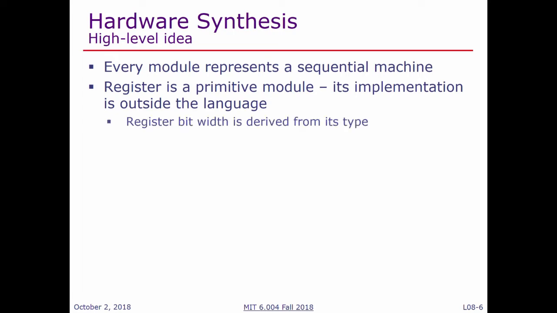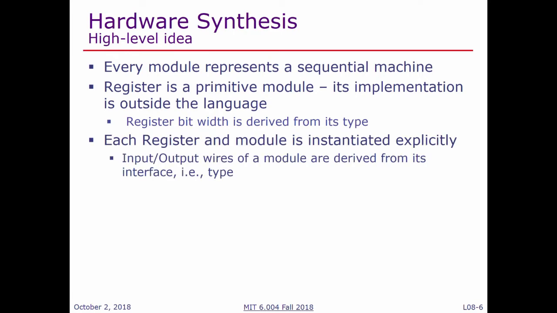And how is the register bit width derived? Because even a register holds values of a certain type. So you may explicitly say it is 32 bits, or you may say it holds things of type T, then we have to go and look at type T and see how big it is, right? And that's the amount of register space that will be allocated. That's the kind of register you will make.